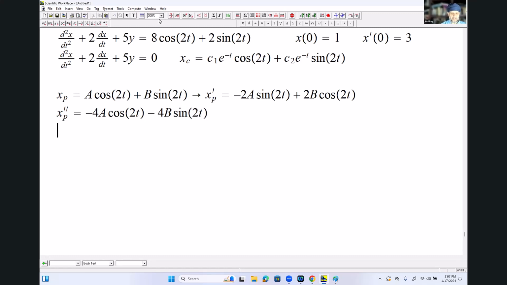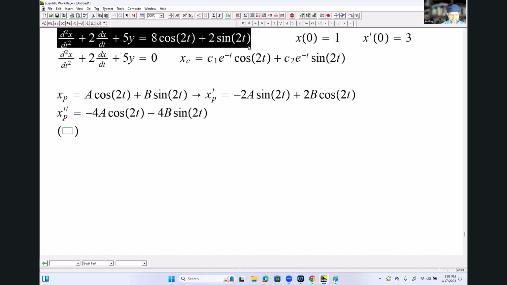Are we good? So what we will do now is we'll just substitute those things in the top equation. Let's just bring it over here.